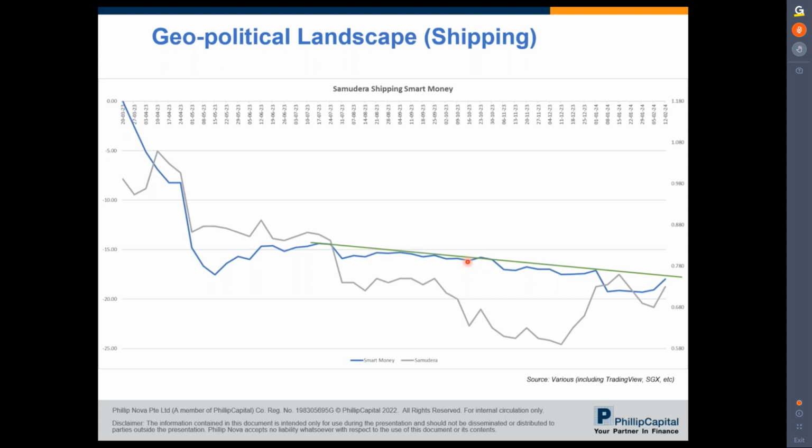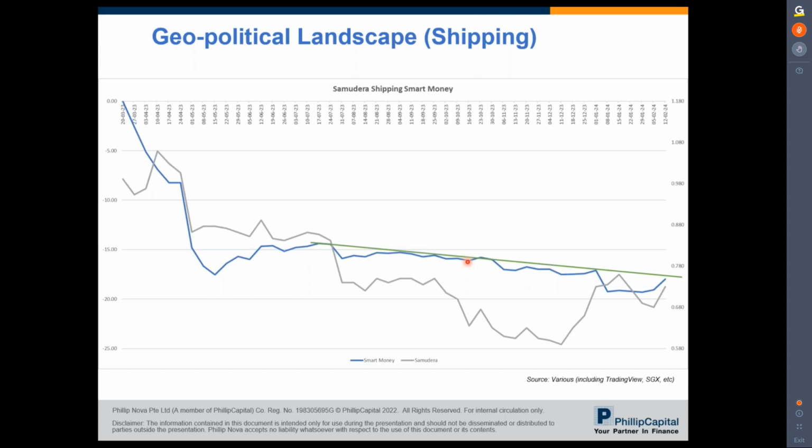So this is not a speculative stock in that sense. But of course, its fate is very much driven by these freight rate prices, which is good right now since it is quoting at the all-time high. So perhaps Samudera Shipping may benefit.